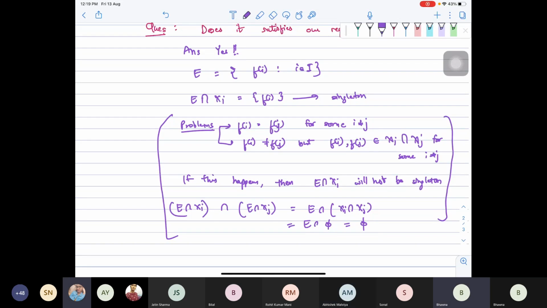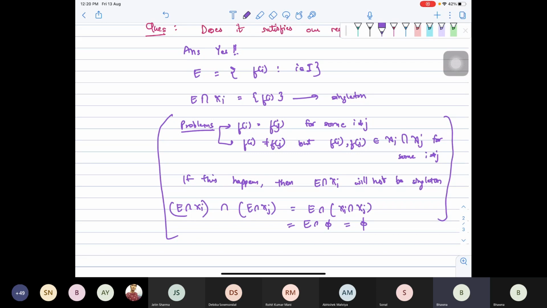Yes, ma'am. I did not understand the second problem. In the second problem, I am saying that E is the collection of f(i)s. So any element of E is of the form f(i), f(j), f(k), f(l), whatever. I am saying it might happen that we have two points, f(i) and f(j), both in Xi intersection Xj.